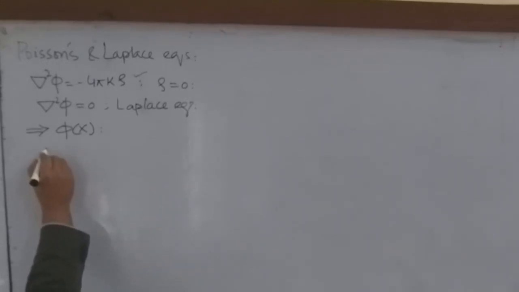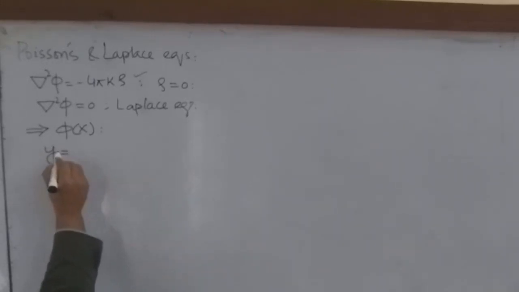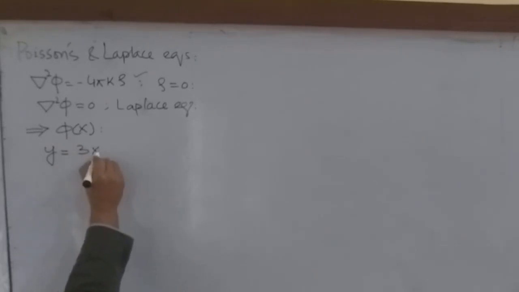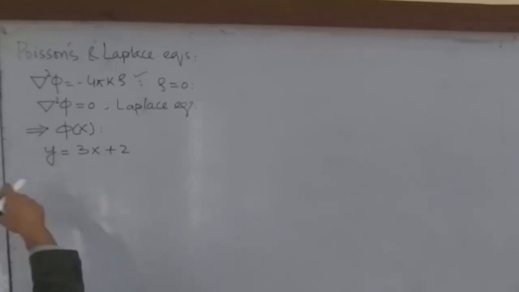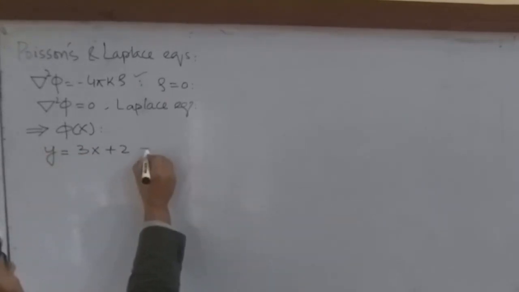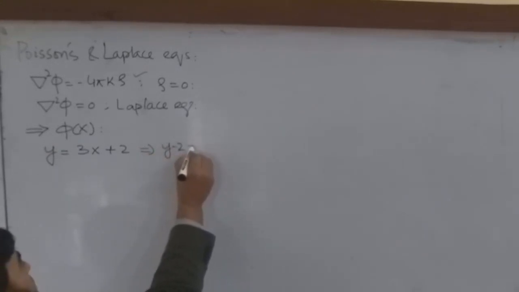Let's say I have an equation of a straight line, y equals 3x plus 2. I know that x is the independent variable, y is the dependent variable, 3 is the slope, and 2 is called the y-intercept, because it gives y minus 2 equals 3x.